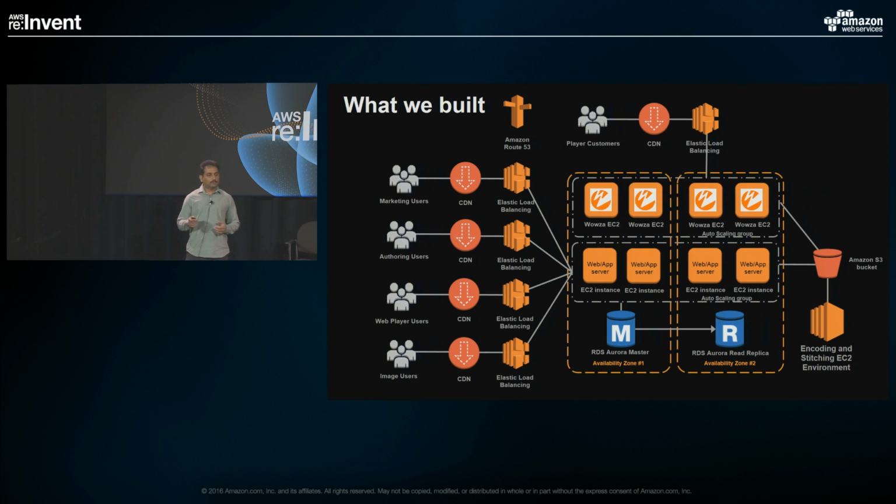On the services layer we have EC2 machines distributed across multiple availability zones, with the RDS Aurora backend, the master being in one availability zone and the slave in the other. The data sharing happens on the S3 layer. The content that comes in gets ingested into S3, and the encoding backend engine picks it up as the content comes in, and provides a real-time encoding experience.